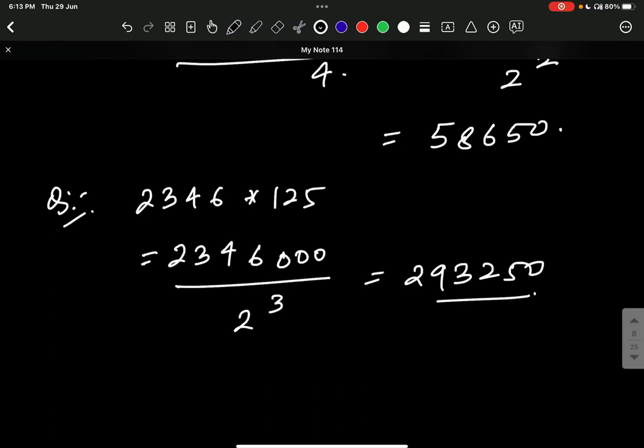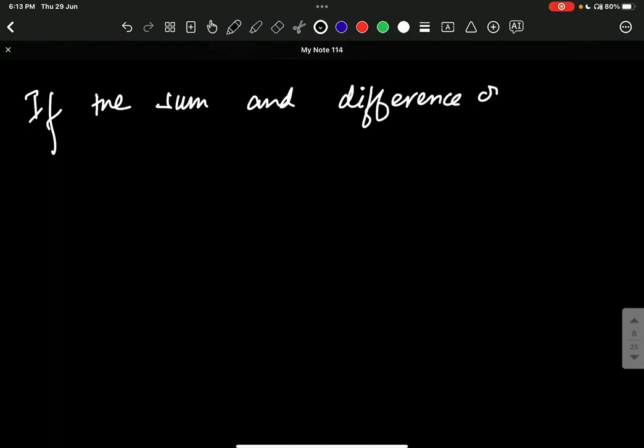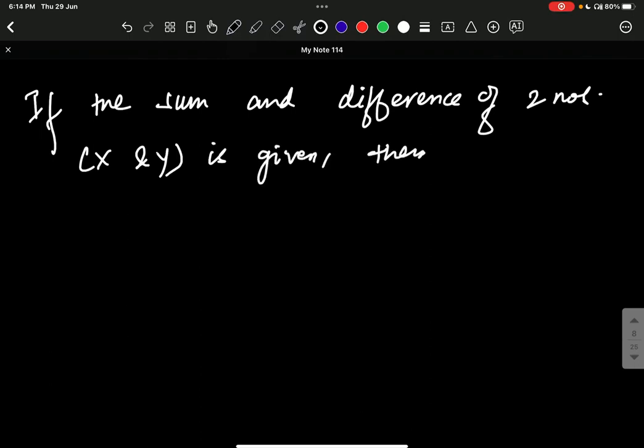Okay. Next thing. Supposedly, if the sum and difference of two numbers, let's say x and y, is given, then their product could be calculated.